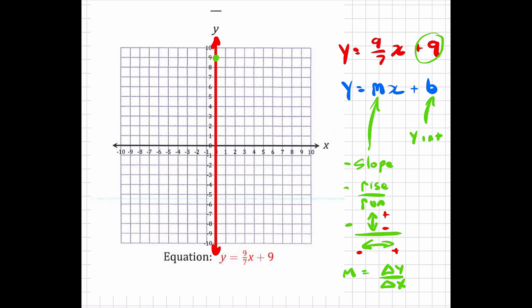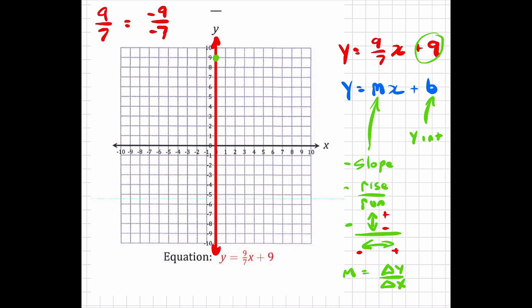Now, 9 over 7, it is positive, but that would also be the same as negative 9 over negative 7. And the reason is because a negative divided by a negative is a positive. So those are the same value. So in this case, I can't really go up 9 because it's going to take me from this y-intercept and take me off of my graph.